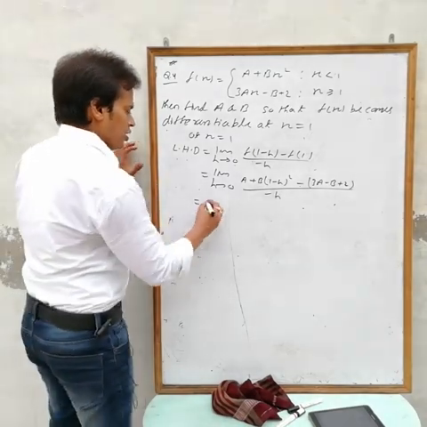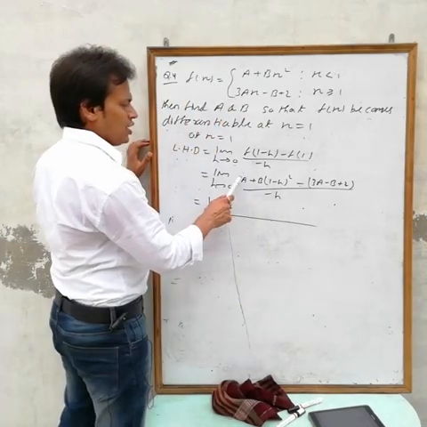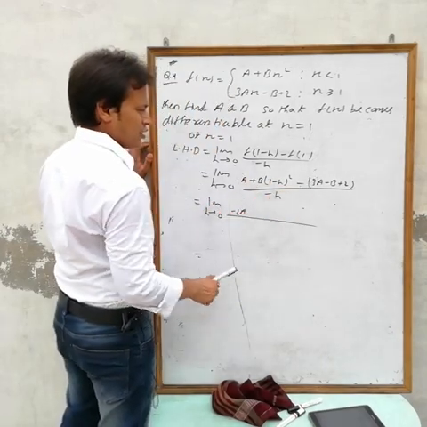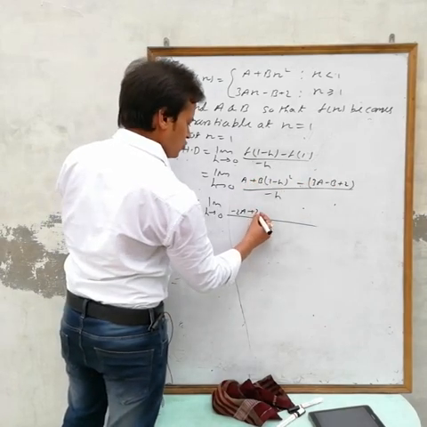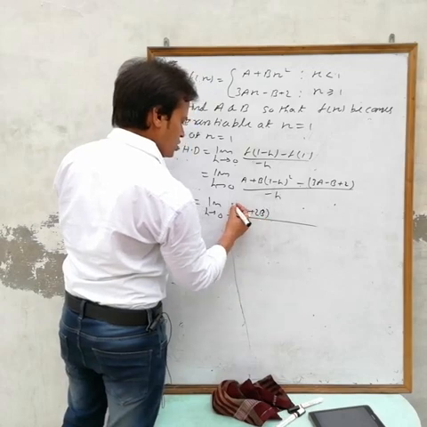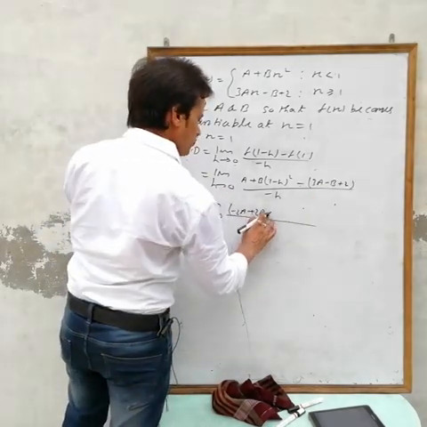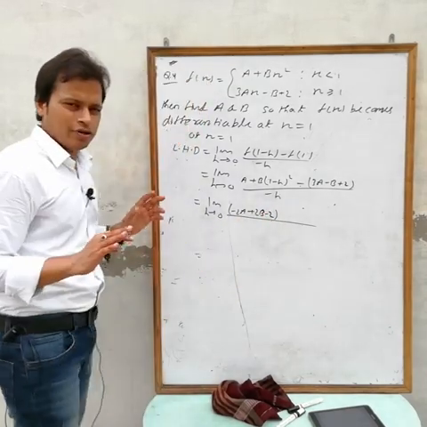Limit h tending to 0. First constant term is a minus 3a, minus 2a. Okay, from this one b and plus b, plus 2b, this is the constant term. Sorry, minus 2 also. Okay, this is the constant term in the numerator.